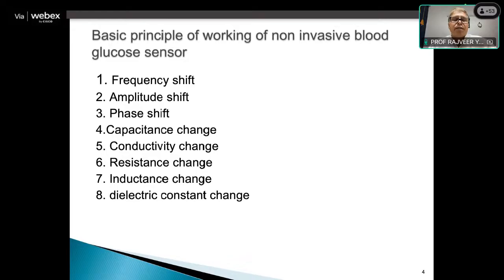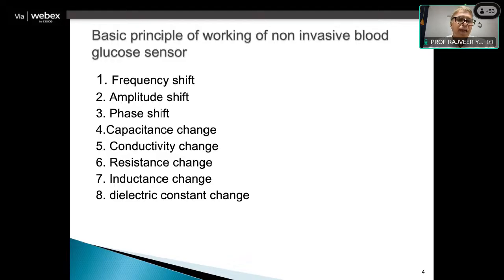We take the reflected signal or transmitted signal and see how much is the shift in amplitude, and that shift in amplitude is calibrated to determine the sugar level. Third is phase shift. The phase shift will give me the angle, how much the angle shift is, and then we calibrate similarly.